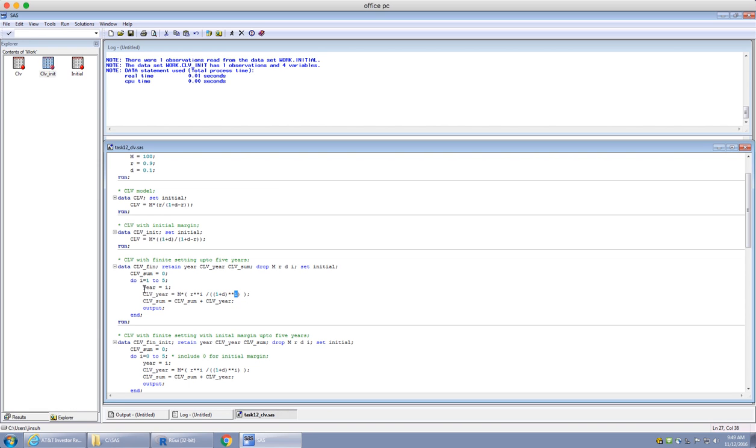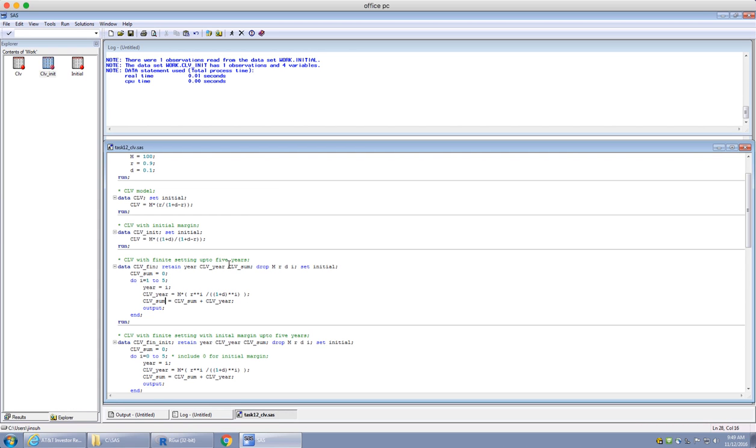I'm going to add this for each year and put that value into sum, so all the yearly CLV values get added onto sum.